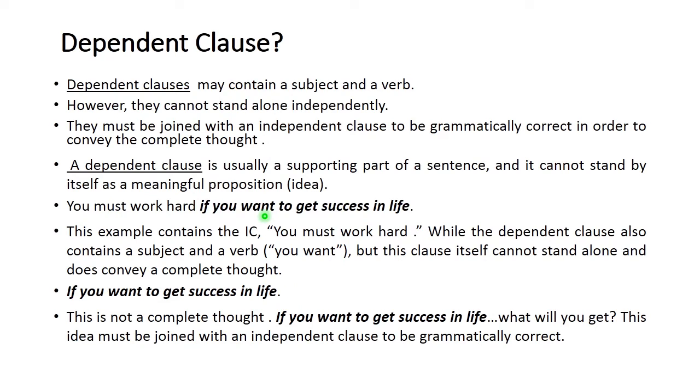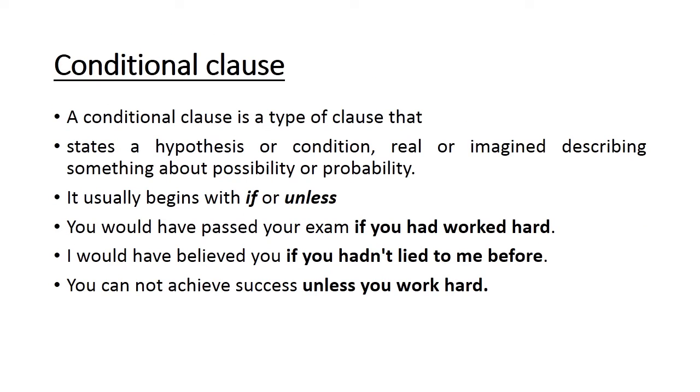Only then will it make its meaning clear. So this is not a complete thought. If you want to get success in life, what will you get? We don't know. This idea must be joined with an independent clause to be grammatically correct.